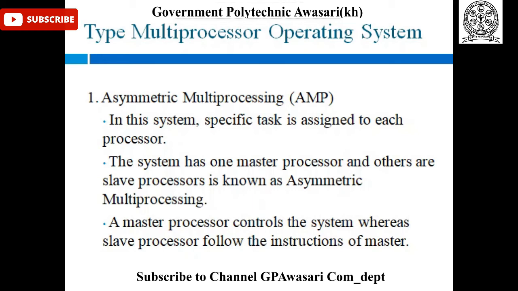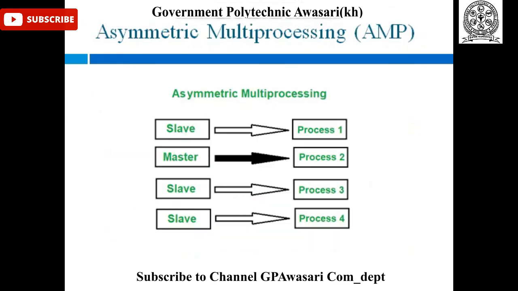A master processor controls the system, whereas slave processors follow the instructions of the master. From this diagram we can understand that there are many processors, from that one is the master processor and others are the slave processors. This is nothing but the asymmetric multiprocessing.